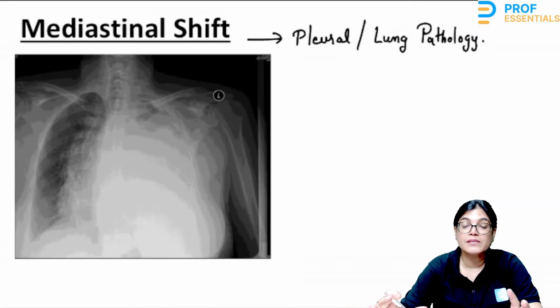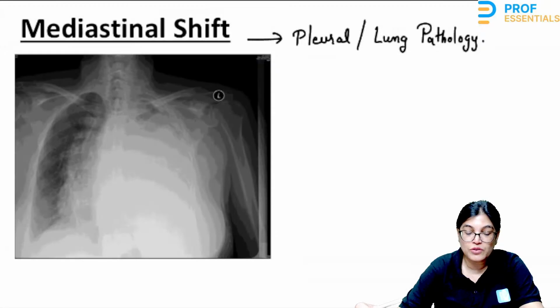If I am talking about the affected side, there is reduced space, and the mediastinum shifts due to intrapleural pressure changes as the lung volume decreases. Mediastinal shift can indicate that there is involvement of lung pathology.